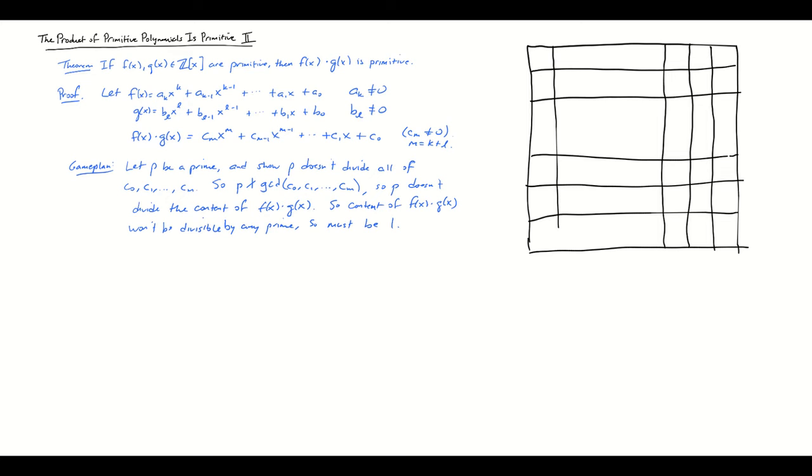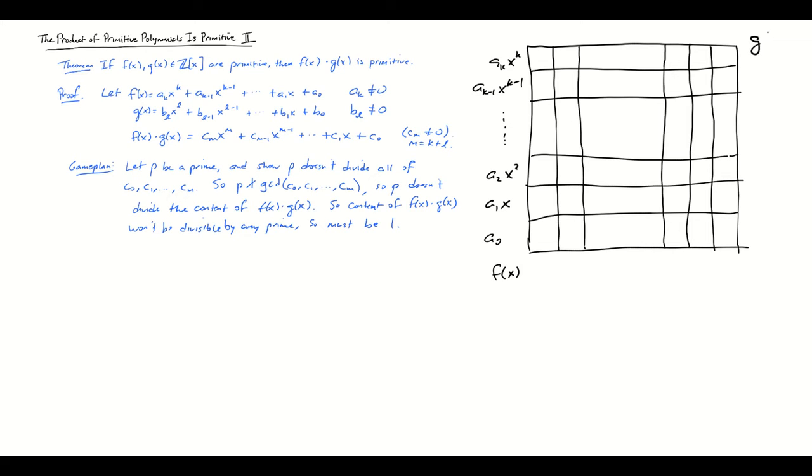Sorry, this looks like the array multiplication from The Simpsons, but hopefully that'll help. Down here I'm going to put f of x, and I'm going to put the terms of f of x here. This is going to be a_k x to the k, a_{k-1} x to the k minus 1. And then I put a bigger space here, so we go dot, dot, dot, and then a_2 x squared, a_1 x, a_0.